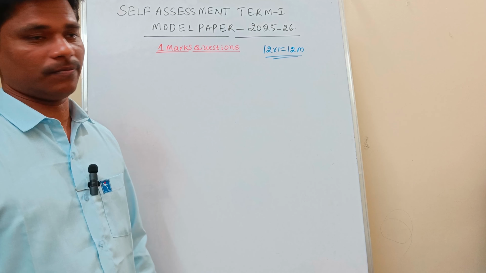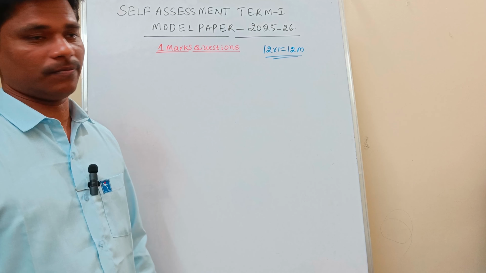Okay, so in that first question, this is section 1. See, the HCF of 2 power 5 into 3 and 2 square into 101 is, okay, so here 4 options are given.